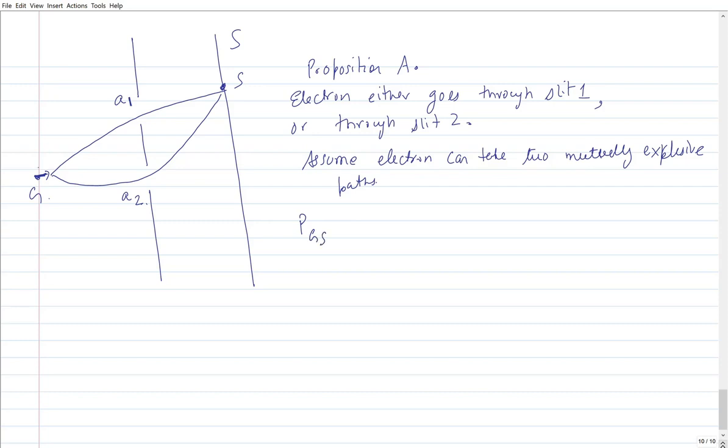The probability of GS is the probability that the electron starts here and lands up on the screen S. It is the probability of GA1S, which essentially means the probability the electron takes this path, plus the probability it takes this path over here.